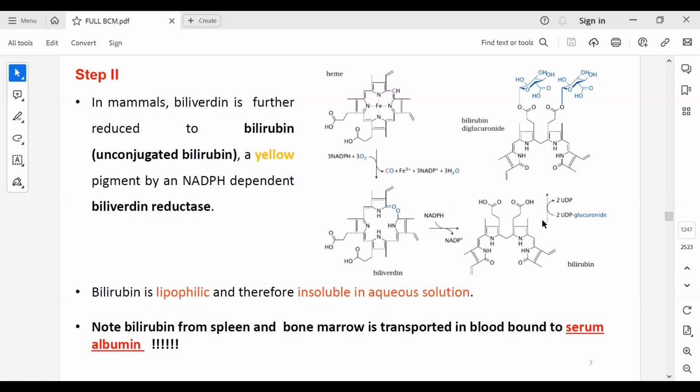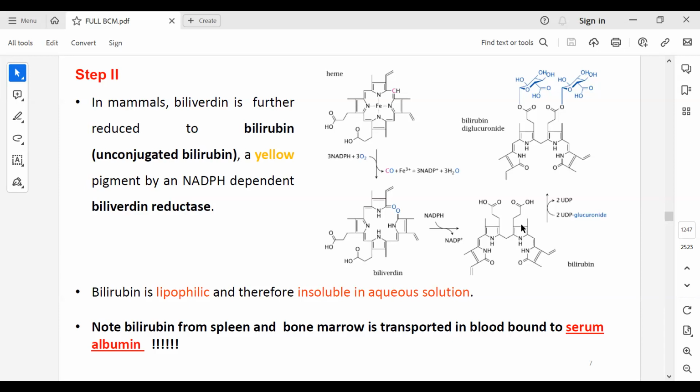Bilirubin is highly lipophilic, and therefore it is insoluble. So if someone is not able to excrete bilirubin out, if there's cholestasis, if there's blockage in the biliary system, you'll see their eyes to be yellow, their nails to be yellow, the skin turning pale.